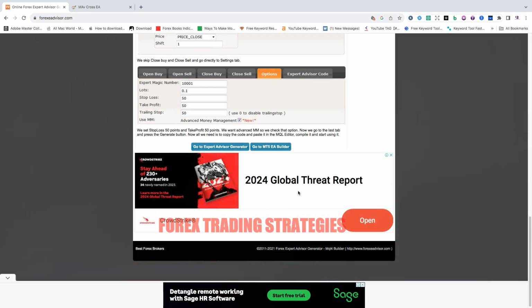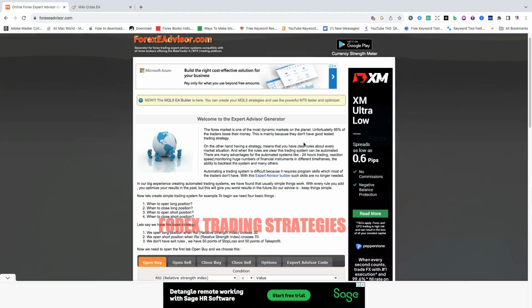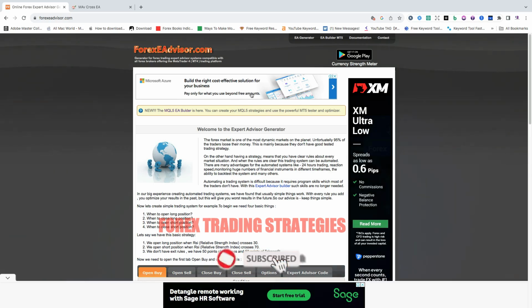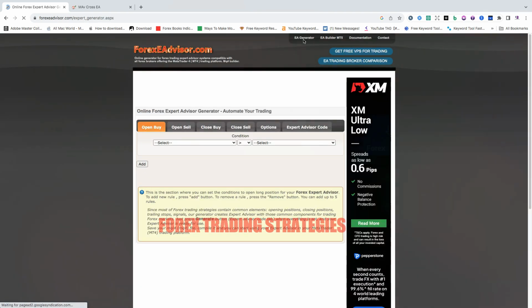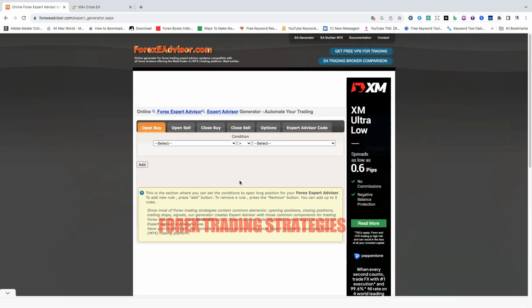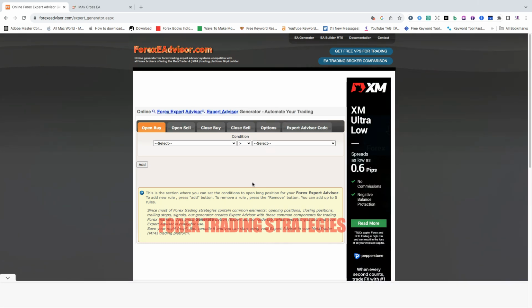That's why it's for free. They use adverts and you don't pay for anything, which is a good exchange. You just have to sit through the adverts. You can use this for MetaTrader 4. So where it says EA generator, this will be their default, which is for MetaTrader 4.